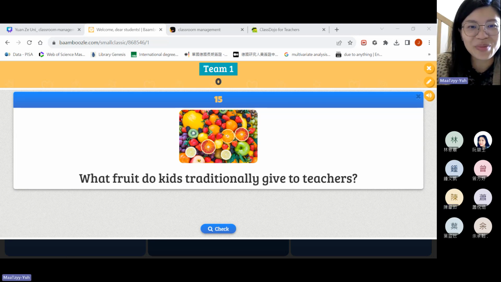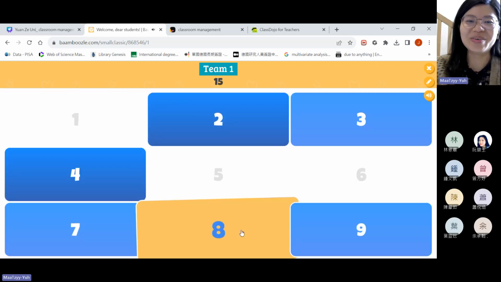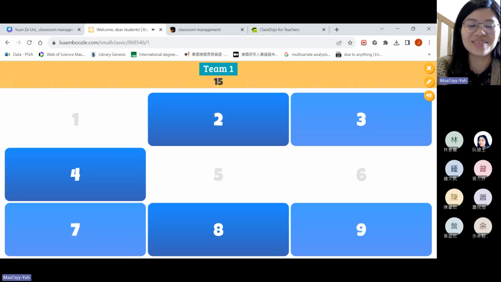Apple. Apples? Why? Why apples? Because I think it's easy. It's easy to get the apple, or you think it's easy to say it, maybe. Okay, an apple. Exactly. I'm not so sure though, but yeah, that's a correct answer according to Bamboozle.